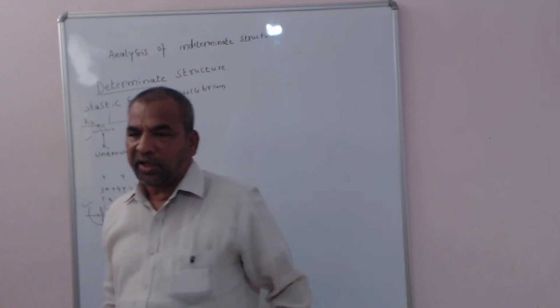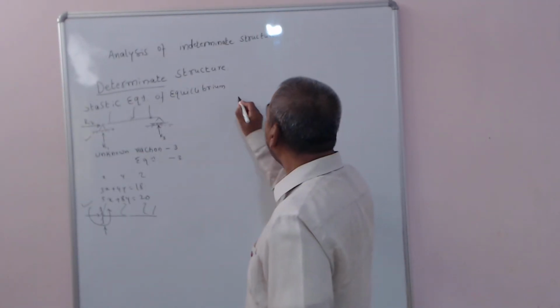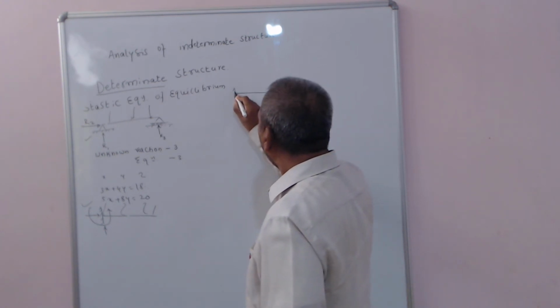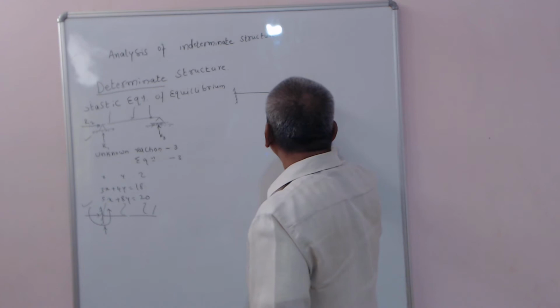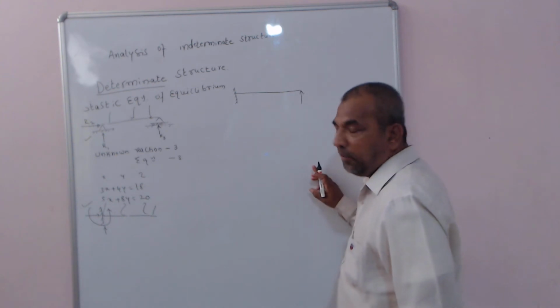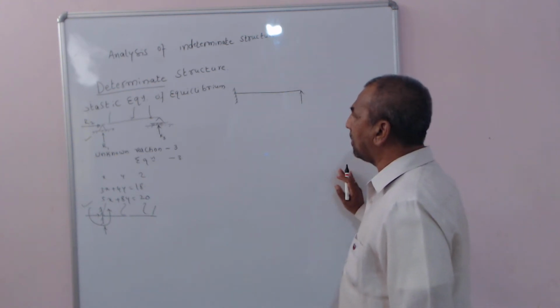Consider a propped cantilever, a beam with fixed support at one end and a simple support at the other end. Tell me whether this beam is statically determinate or not.